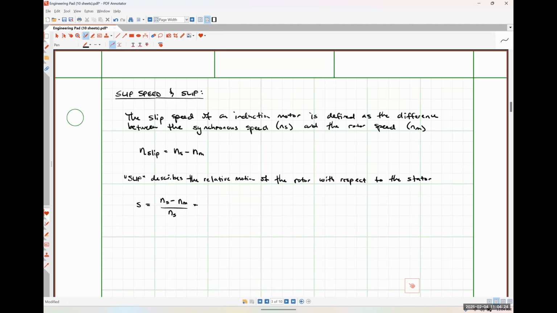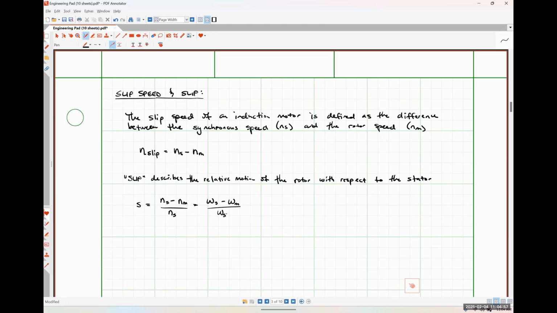Because synchronous speed and rotor speed are related to their respective angular velocities, we could also write this as omega s, which is just our angular excitation for our stator, minus omega m, the angular velocity at which our rotor is spinning, over omega s.